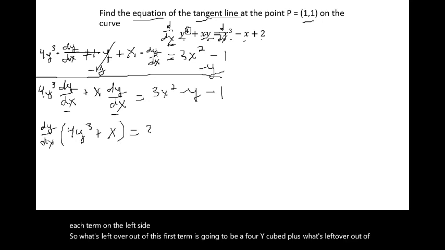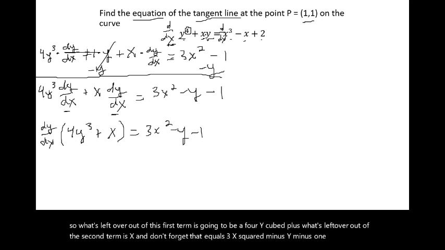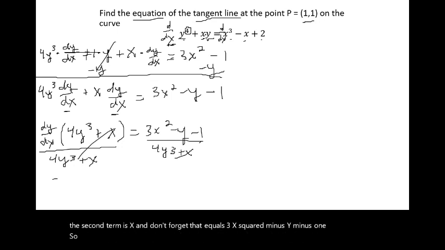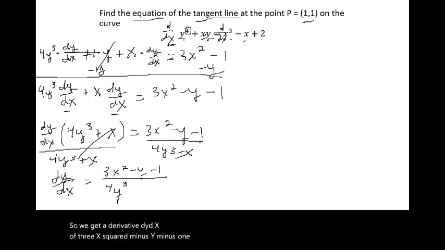And don't forget that equals 3x squared minus y minus 1. Then we're going to finish getting dy dx by itself by dividing both sides by 4y cubed plus x. So we get a derivative dy dx of 3x squared minus y minus 1 all over 4y cubed plus x.